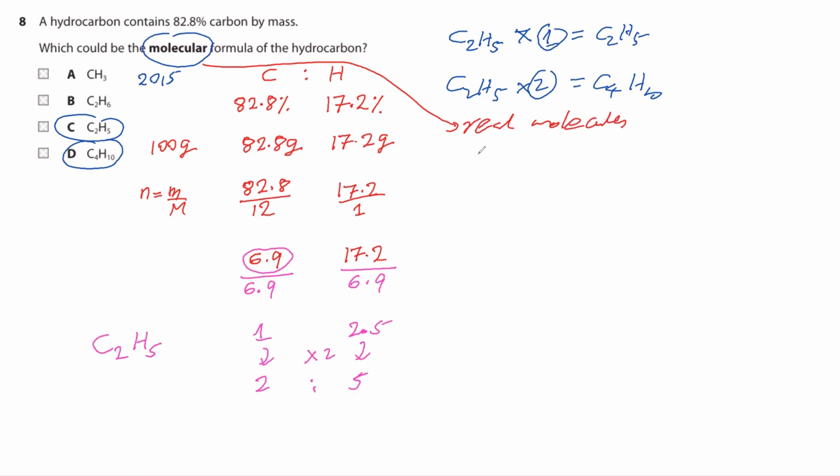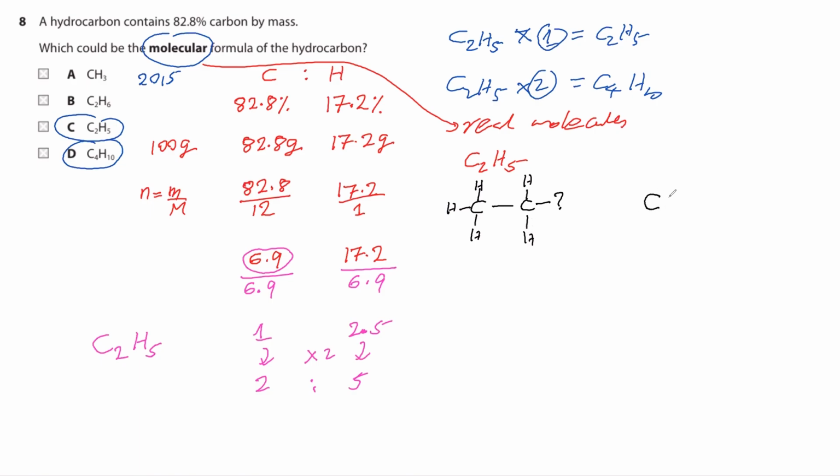Now we'll take the first one, C2H5. Can I put C2H5 in the hydrocarbons that we know? We know two types of hydrocarbon. One is an alkane. When it is an alkane, there are two carbons and all the others should be hydrogen: 1, 2, 3, 4, 5. Now we have C2H5, but this bond is missing. That means C2H5 cannot exist as an alkane.